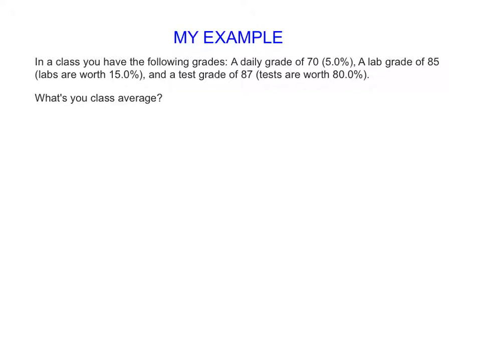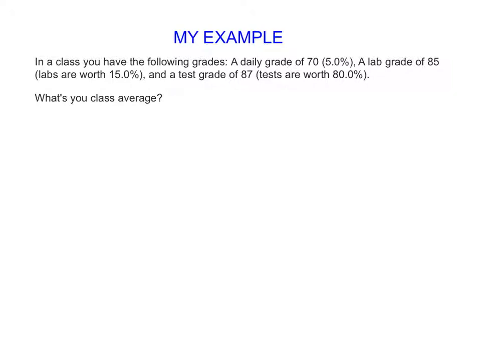And for us, tests obviously count a lot more for your grade. So here's an example. In a class, you have the following grades: a daily grade of 70, which counts for 5%, a lab grade of 85, which labs count for 15, and a test grade of 87 with tests worth 80%. What is your class average?